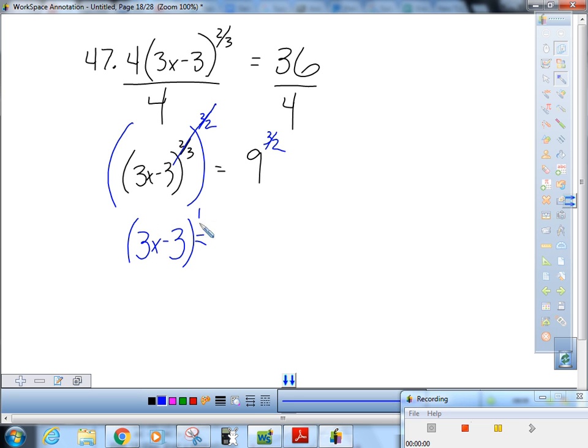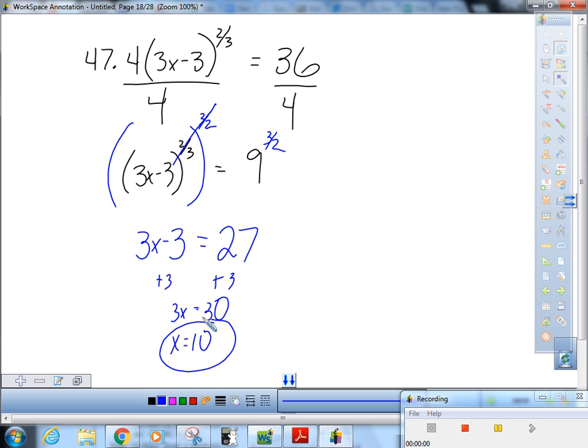But you don't need to write that down. Okay? Equals 27. And now we got this. 3x equals 30. X equals 10.